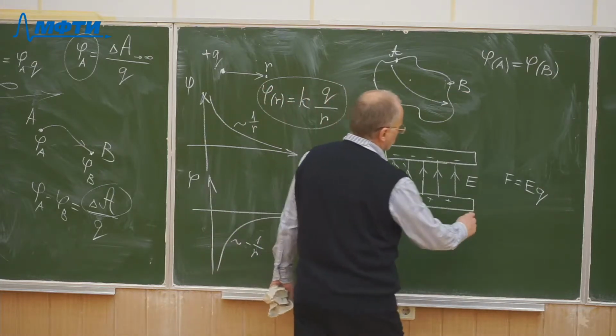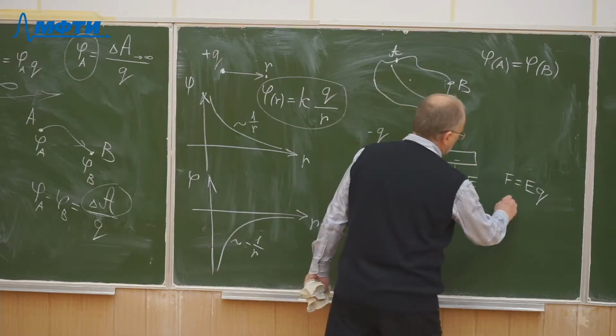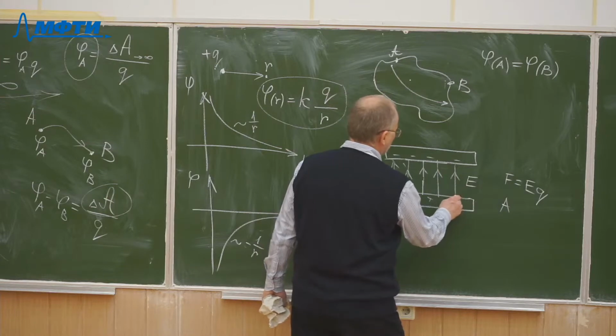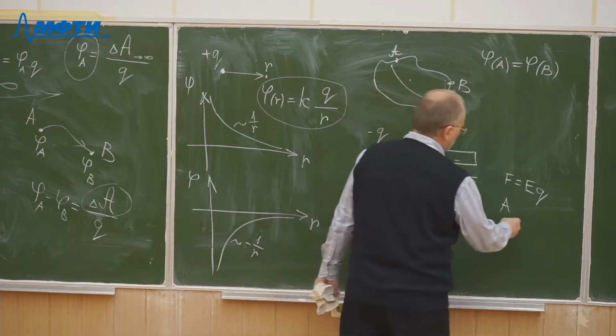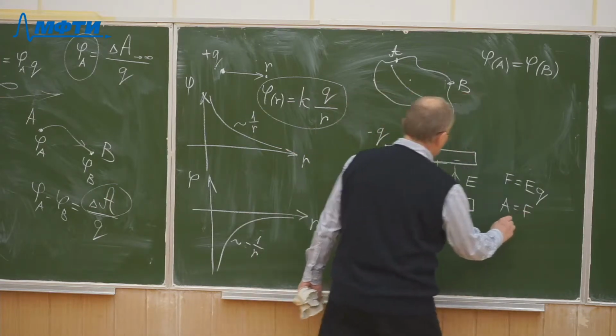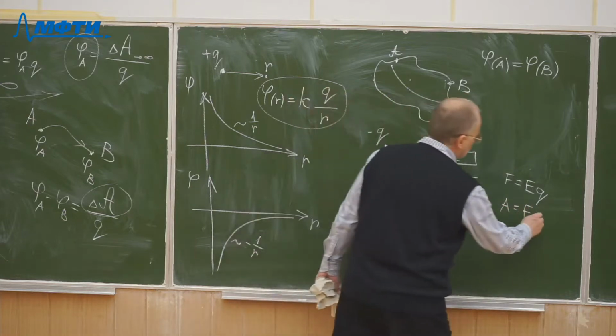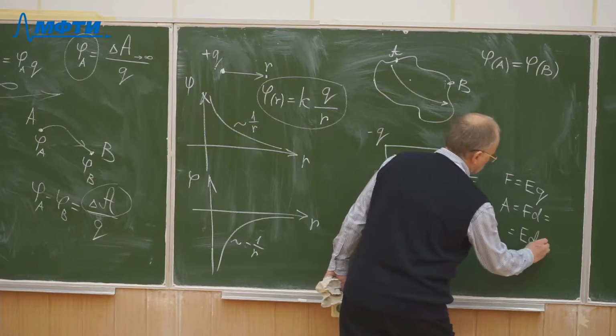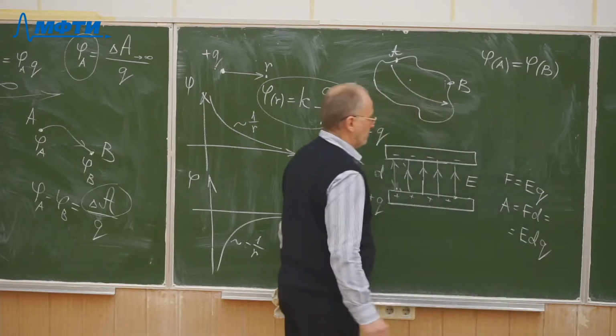And the work performed on displacement of the probe charge from one plate to another plate will be equal to F times the distance d between the plates, and that will give us E d q.